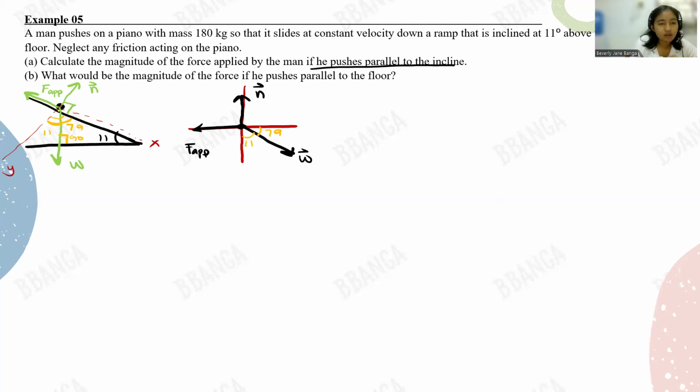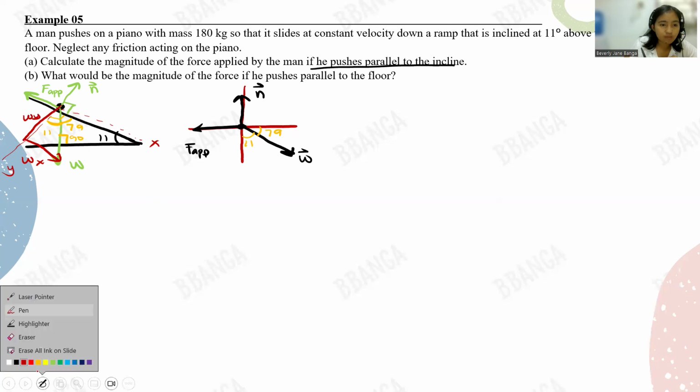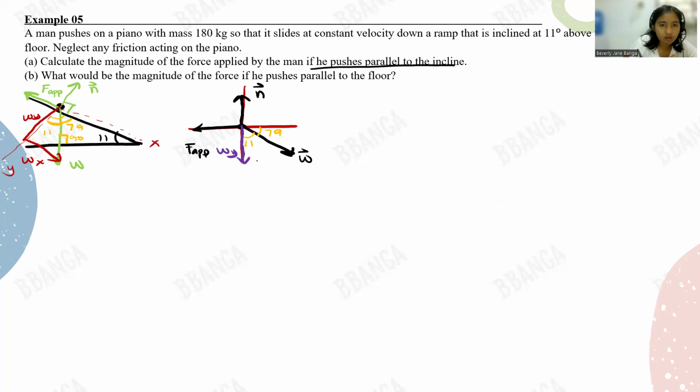And then, kung papansin niyo ulit, yung weight natin ay wala na naman sa eksaktong x, walang sa eksaktong y. So, ibig sabihin na naman yan, meron na naman tayong component sa x, ito yun, Wx, at component sa y, Wy. So, kung isusulat ko dito, wait, let me change the color. Meron tayong Wy and Wx.